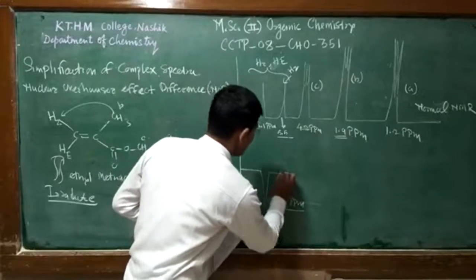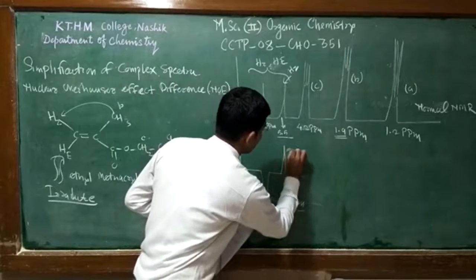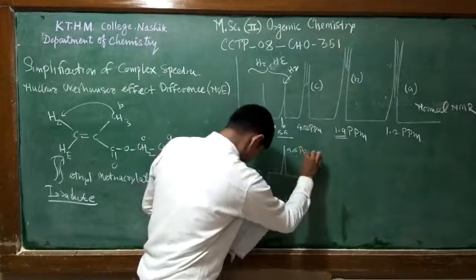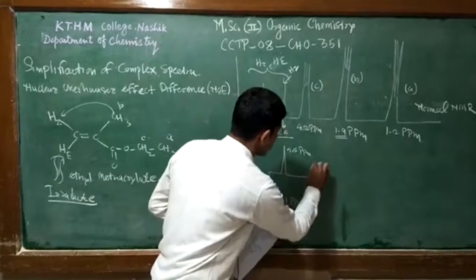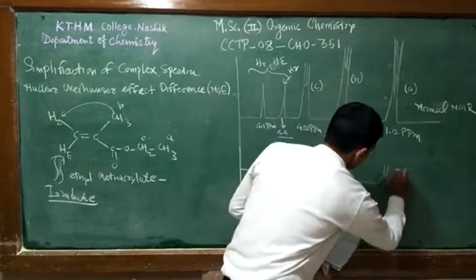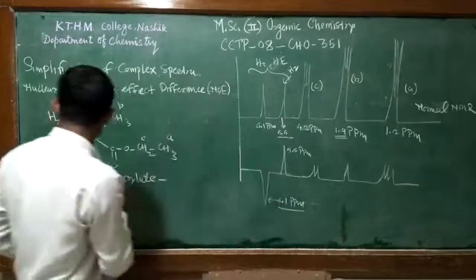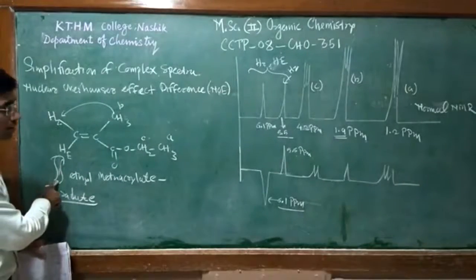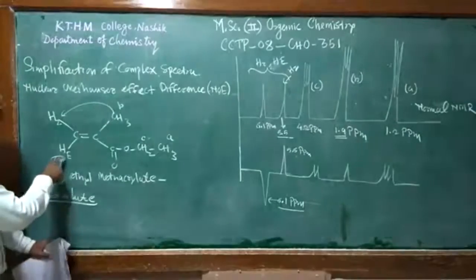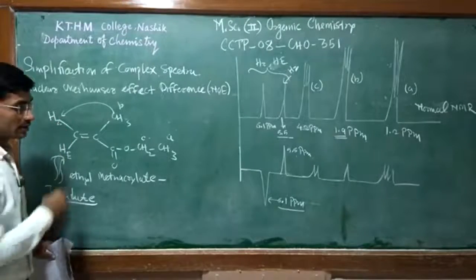Obviously, the proton at 5.5 ppm shows a positive signal, while all other signals are very weak, like this. So after irradiation at 6.1 ppm, the signal intensity at 5.5 ppm is enhanced.